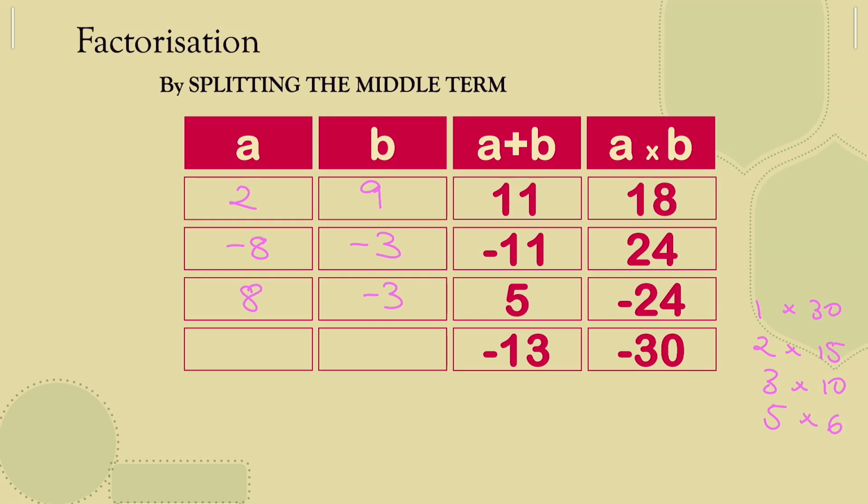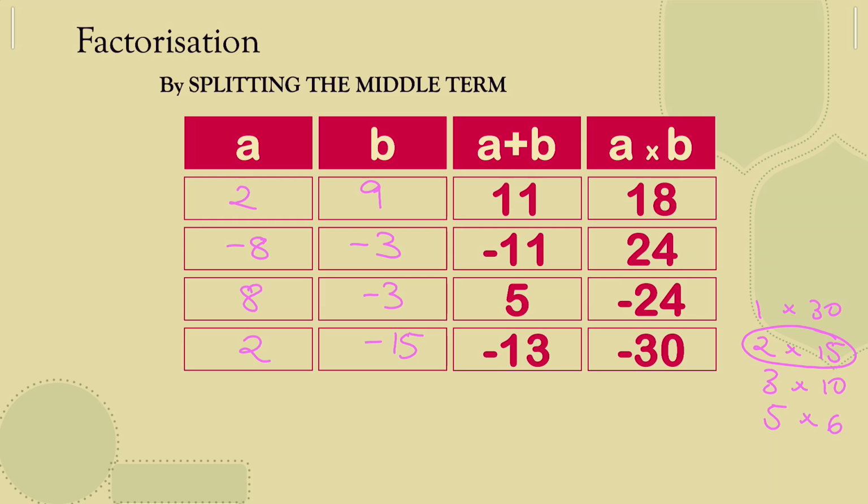One of the numbers in this pair will be negative to get a negative product. And the sum is negative, which means the bigger number is negative. 2 positive and 15 negative. You can write negative 15 as A and 2 as B. That is not important. So this exercise is clear.